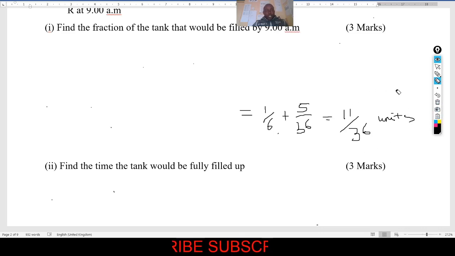Now, you are told that R was opened by 9.